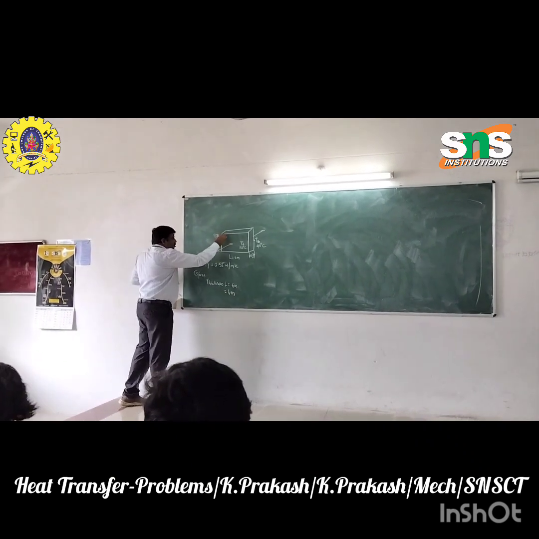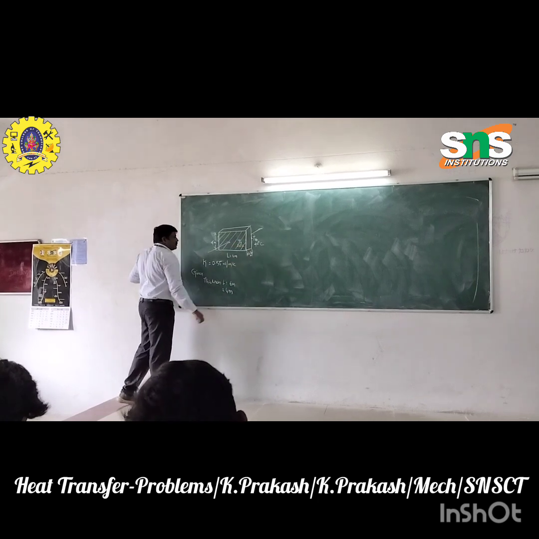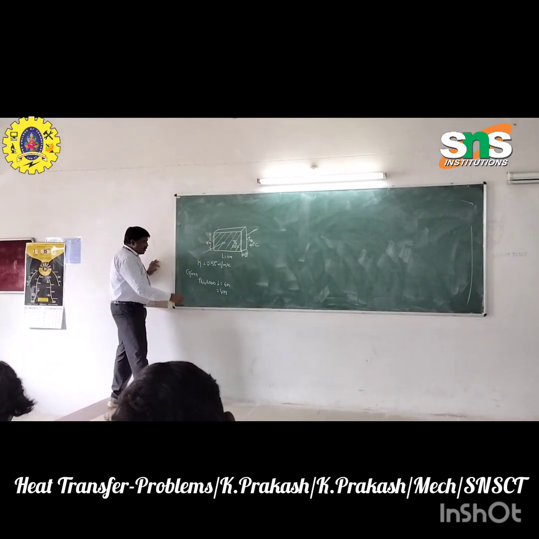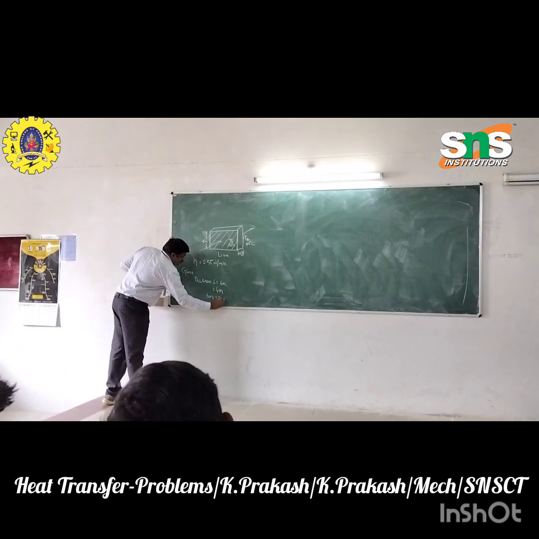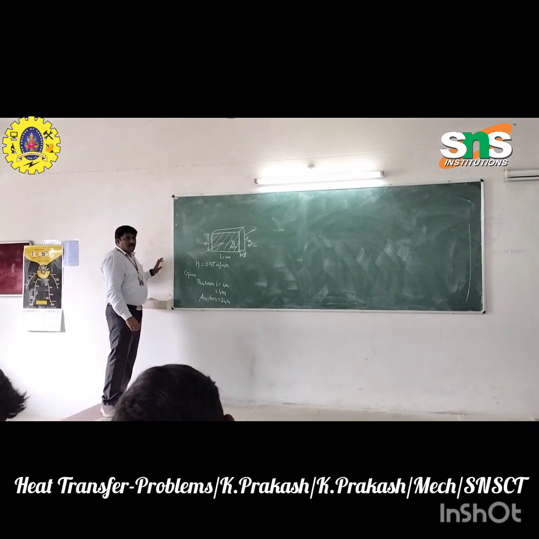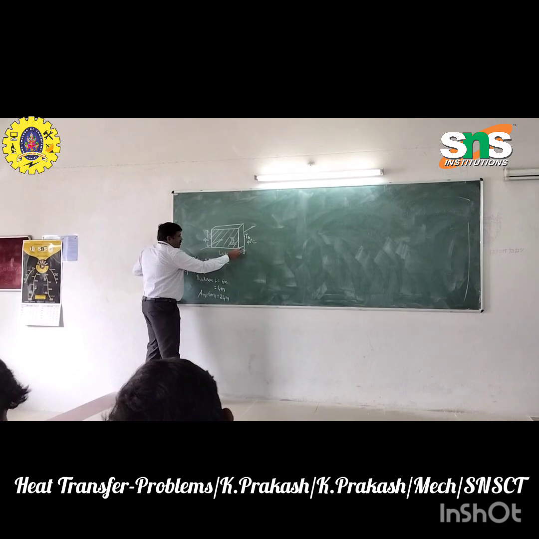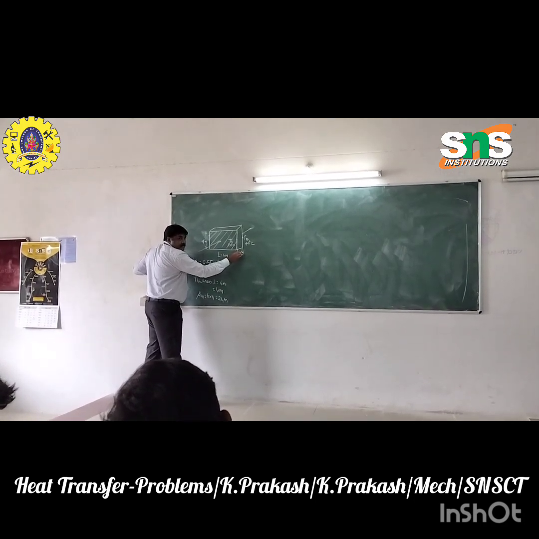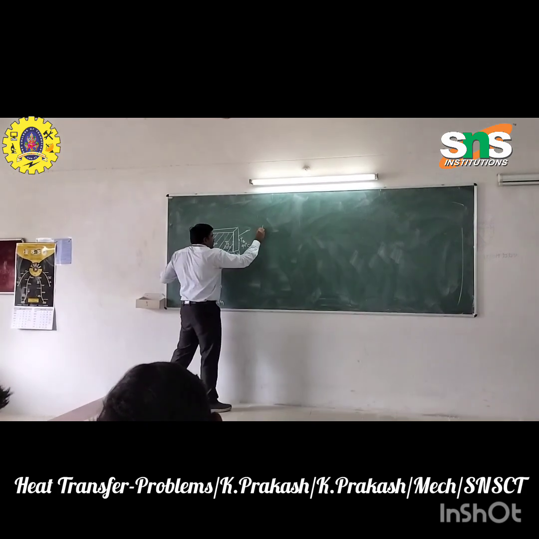Now we have to first find the area of this. So here the area is 6 into 4, that is 24 square meters. This is the area. What is the thickness here? 0.3.